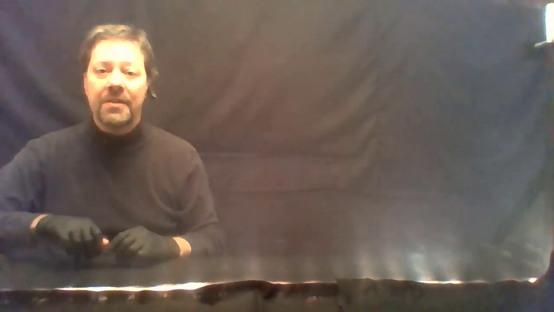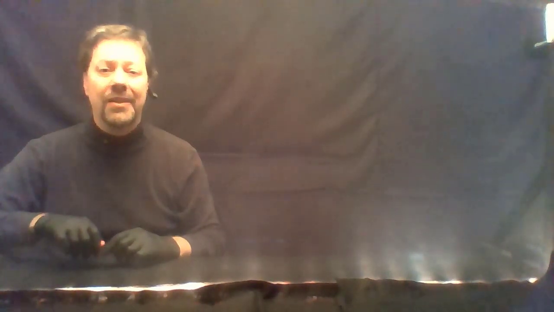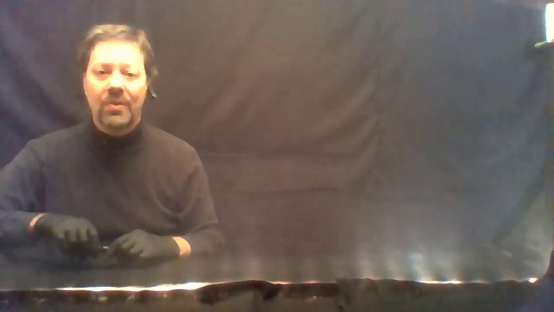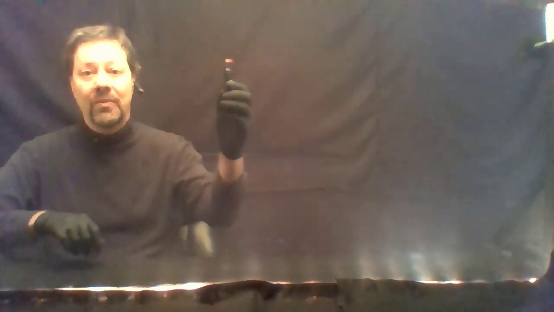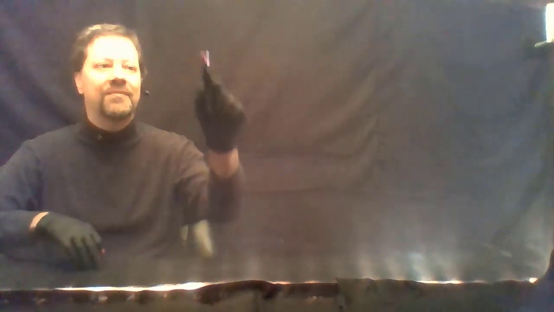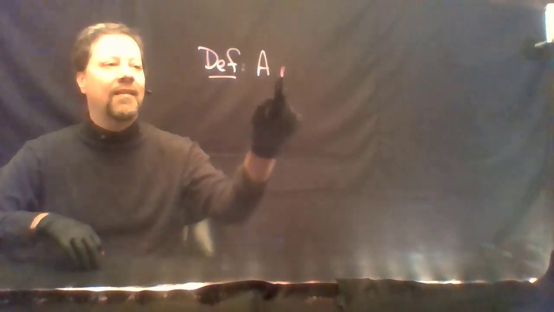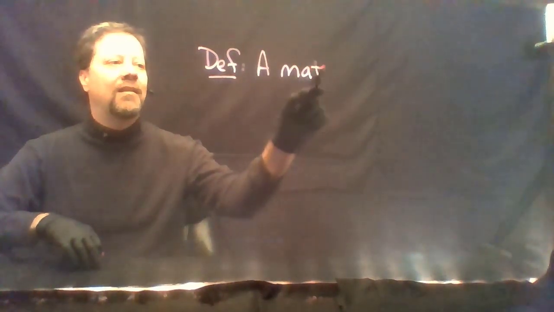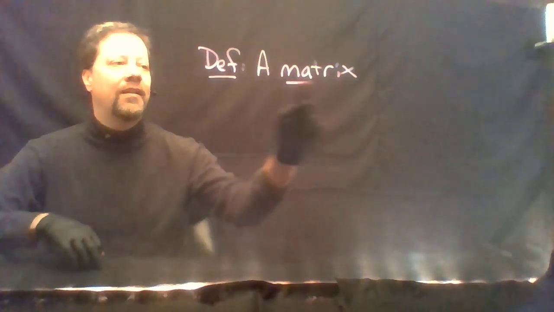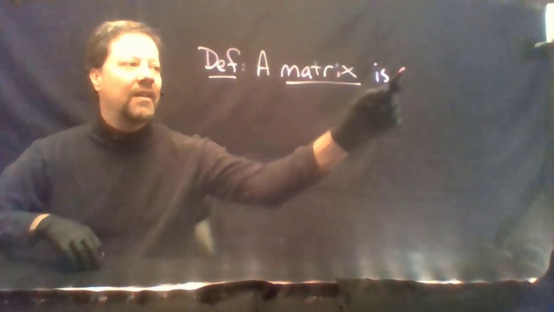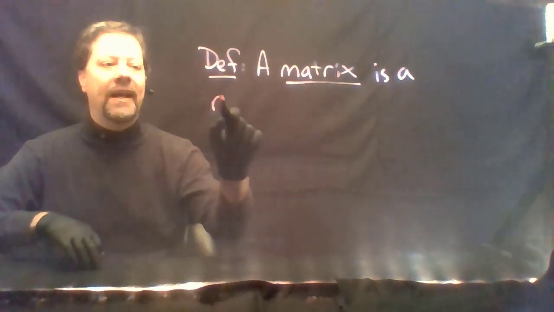In order to define the cross product, we first need to define what we mean by the determinant of a square matrix. What is a matrix to begin with? A matrix is a rectangular array.